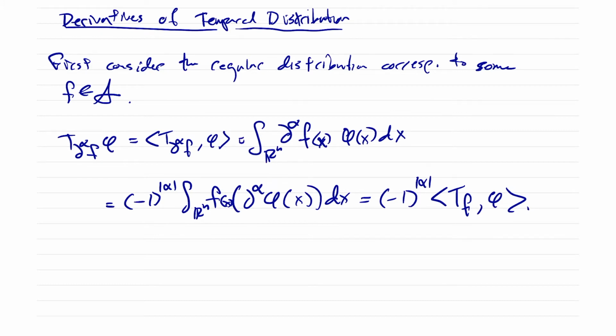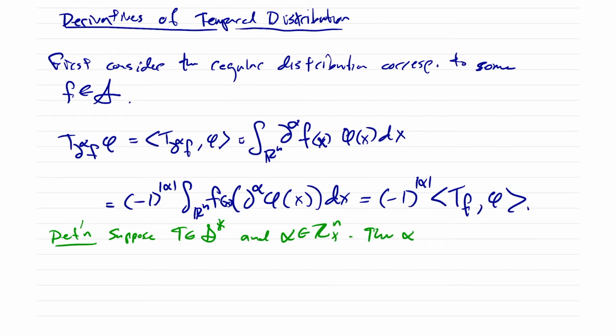And so that gives us a motivation to declare what the derivative of a distribution is. We'll maybe do this in green. So, definition. Suppose that T is a tempered distribution and alpha a multi-index.